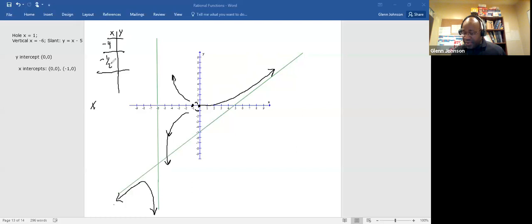All right, so we have x cubed minus x divided by x squared plus 5x minus 6.